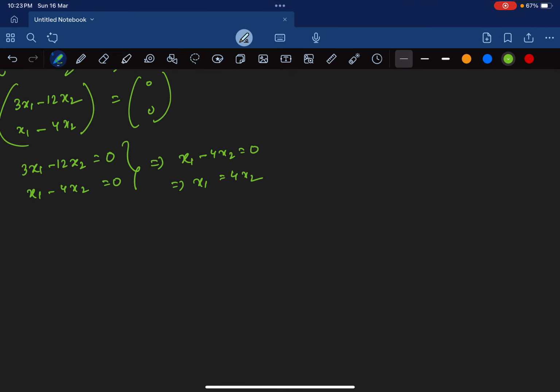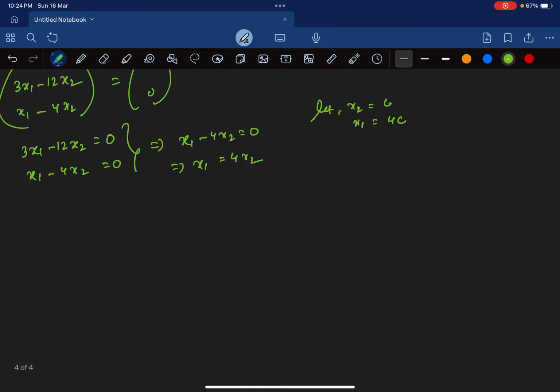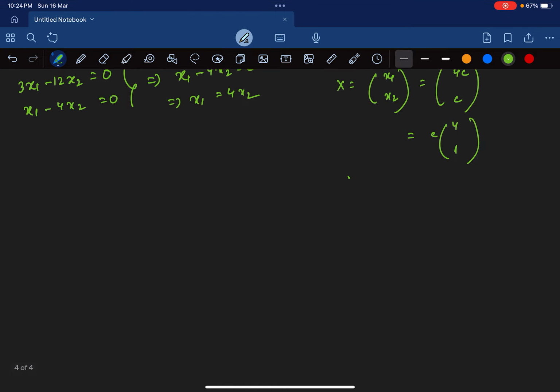Let x2 = c, so x1 will be 4c. So x is [x1; x2] = [4c; c], and c is common, so x = c times [4; 1].